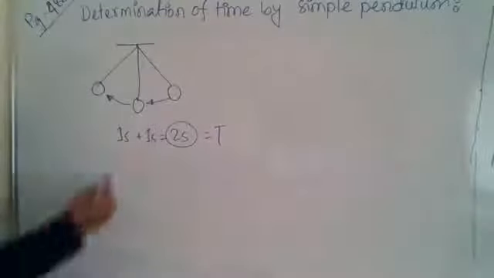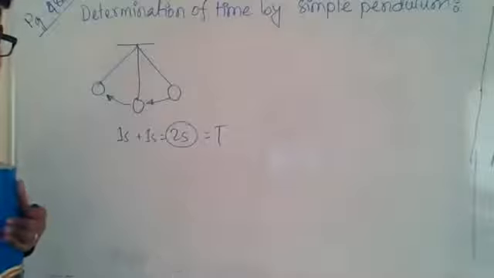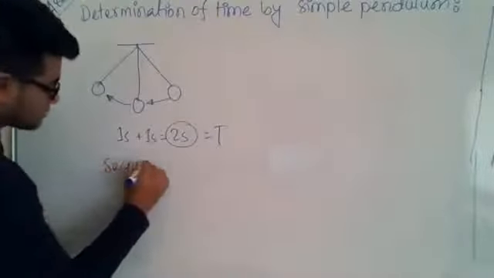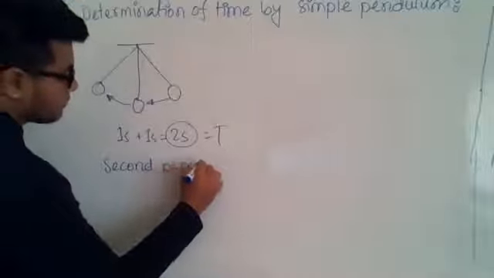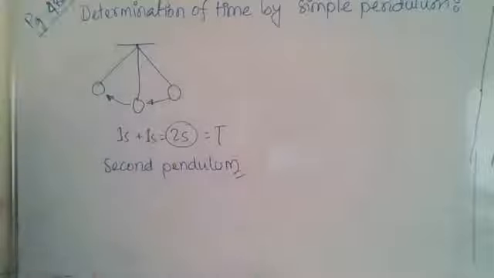So if a pendulum has a time period of 2 seconds, then we can say that pendulum is the second pendulum. We know how much time this pendulum takes to complete one oscillation.